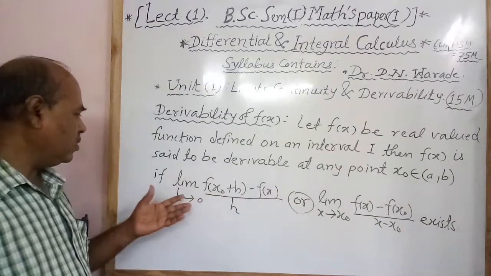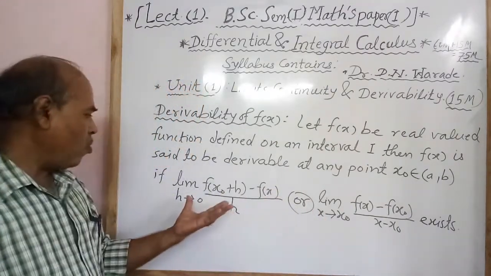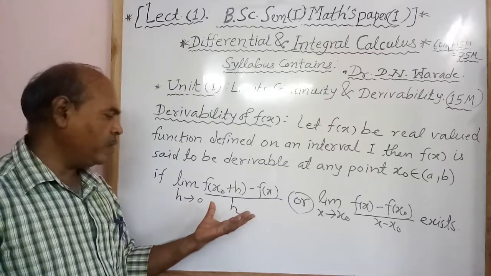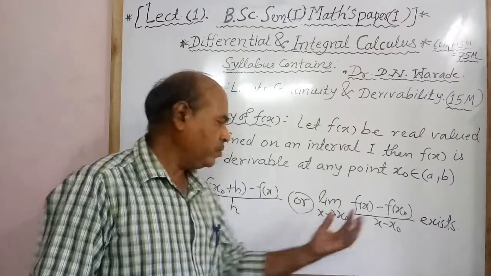These are the two definitions, this is the first definition, this is the second definition. Now it is called f dash of x0, the derivative of f at the point x0.